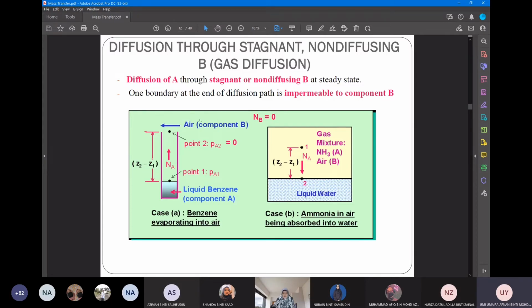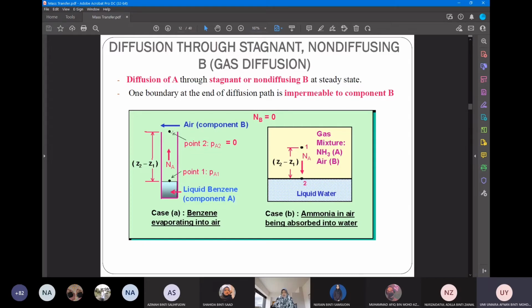But outside you have component B. B is non-diffusing, so B cannot diffuse. B doesn't want to diffuse into this tube. Okay, so what happened? You have point number 1, maybe you have partial pressure 1.